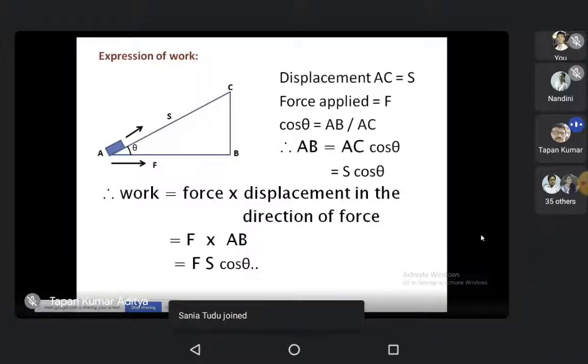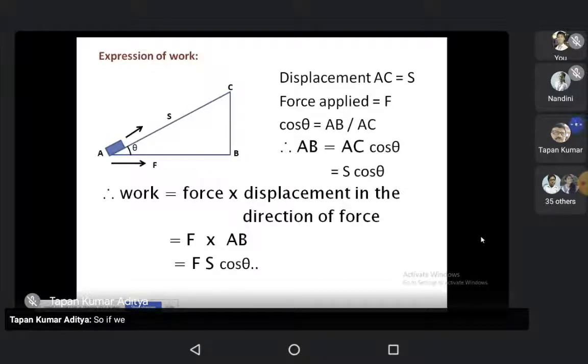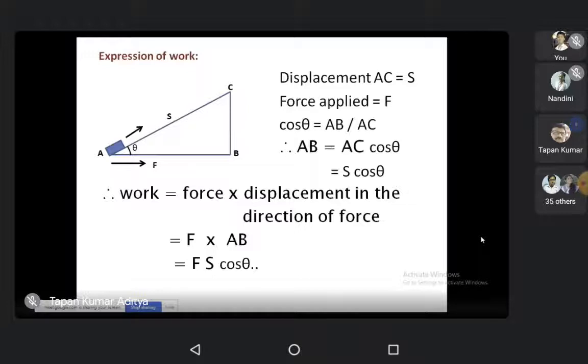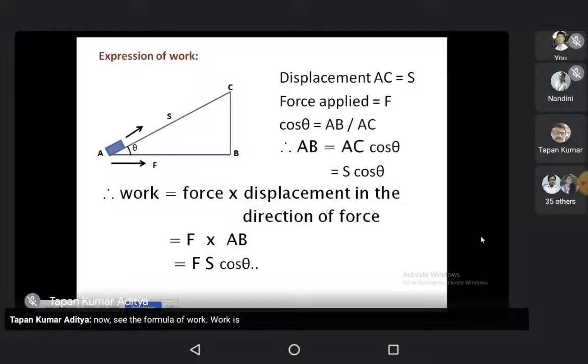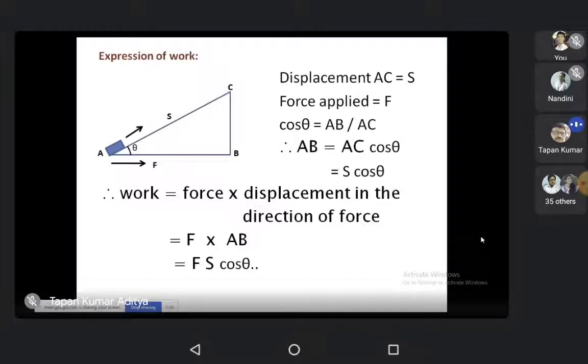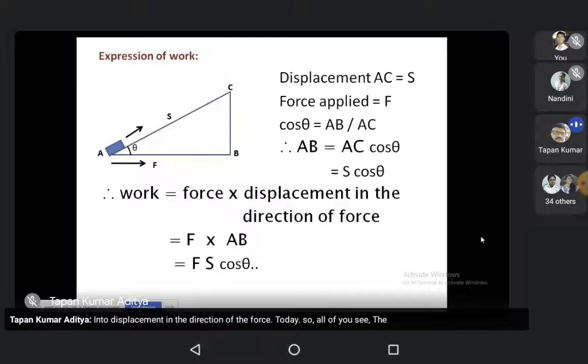Now see, the formula of work is force into displacement in the direction of force. The object is moving from A to C, but in the direction of force, the object displacement is AB.